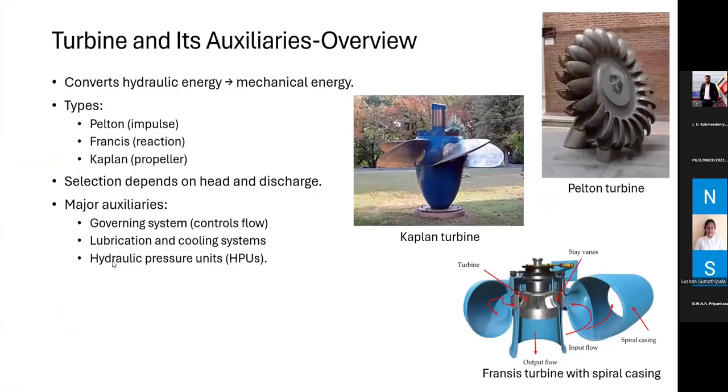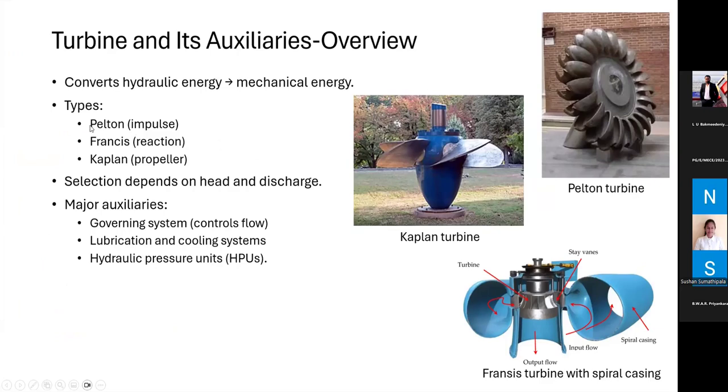So regarding the turbine, we had the water coming from the conduit system, and now we are at the turbine level. The turbine's main purpose is to convert hydraulic energy into mechanical energy, and there are mainly 3 types of turbines.